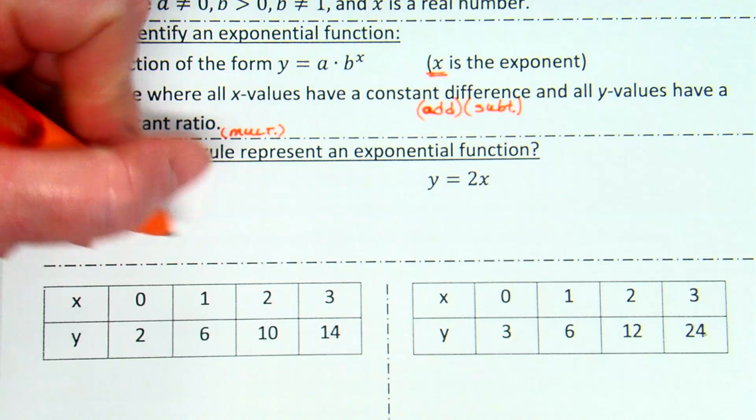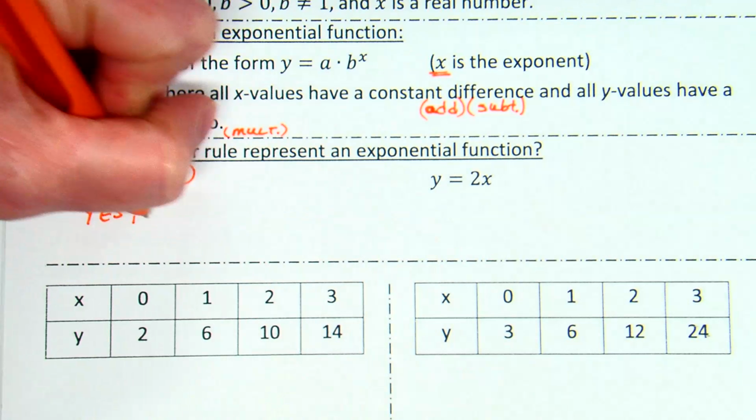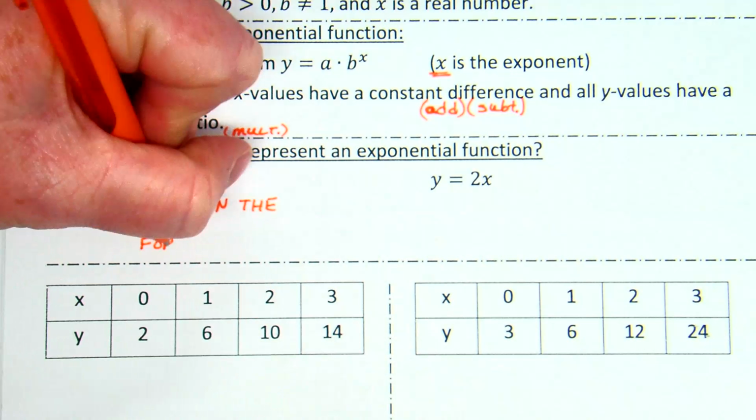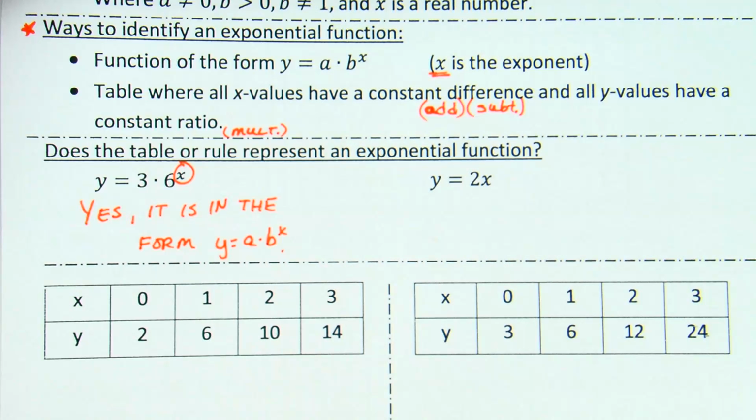If x is in the exponent, then yes, it is in the form y equals a times b to the x. However, Michaela, you said x is in the exponent, right? That's also a valid, true answer as well. I'm not against that either. Maybe I'll even put x in exponent.